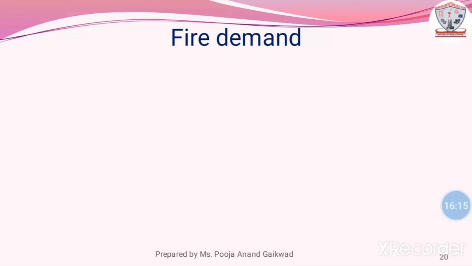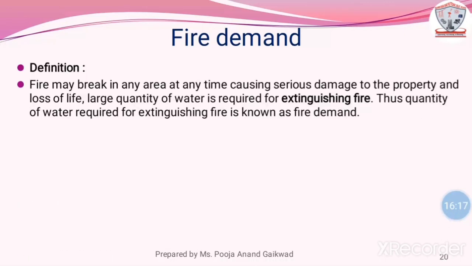Fire demand. Definition. Fire may break out in any area at any time, causing serious damage to property and loss of life. A large quantity of water is required for extinguishing fire. Thus, the quantity of water required for extinguishing fire is known as fire demand.